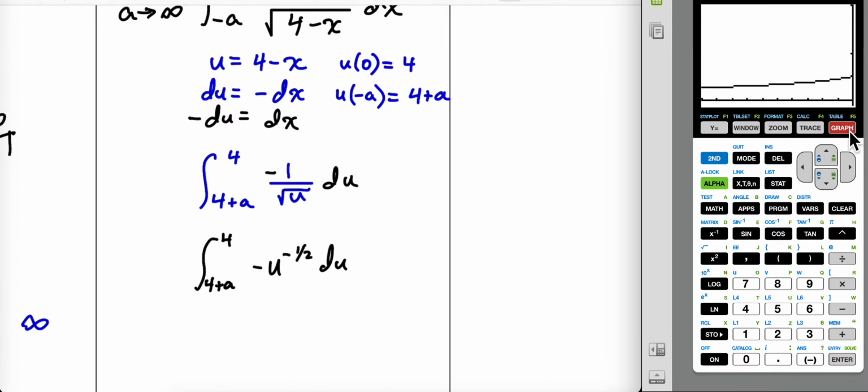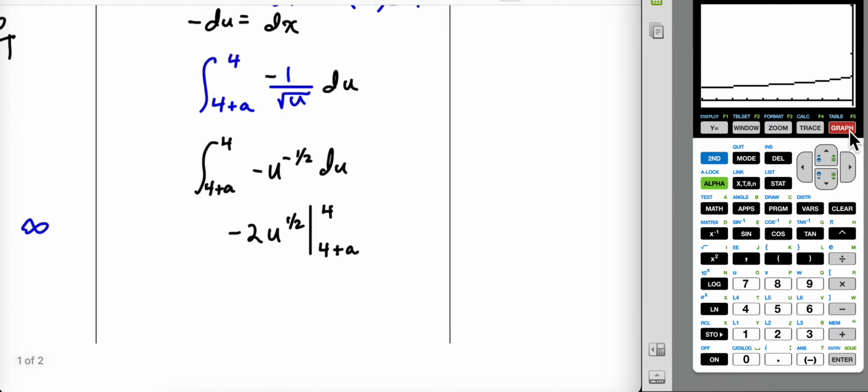Increase the exponent by 1, you get u to the 1/2. Divide by the new exponent; dividing by a half is the same as multiplying by 2, so negative 2. And then we'd be looking at 4 plus a going to 4. So negative 2 times 4 plus a to the 1/2 power minus negative 2 times 4 to the 1/2.